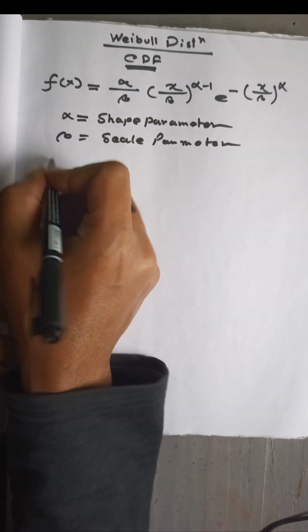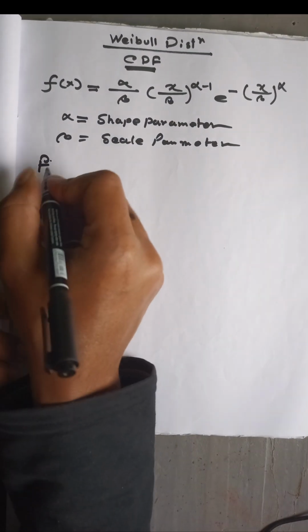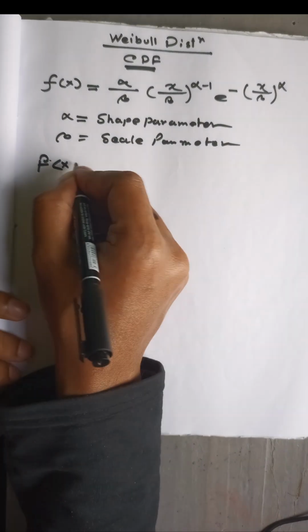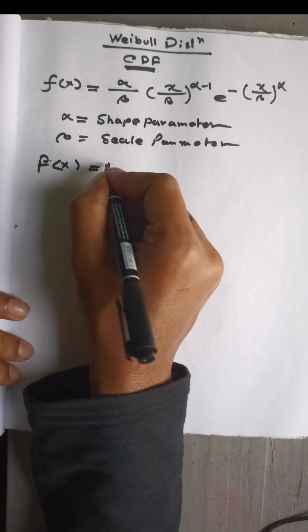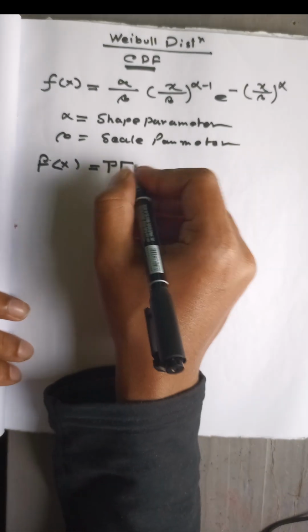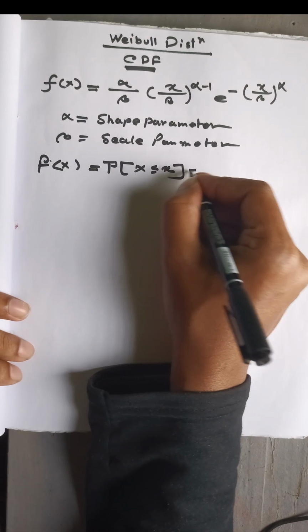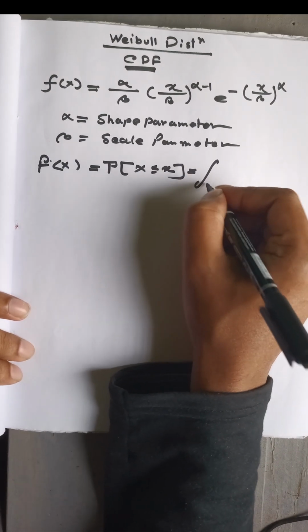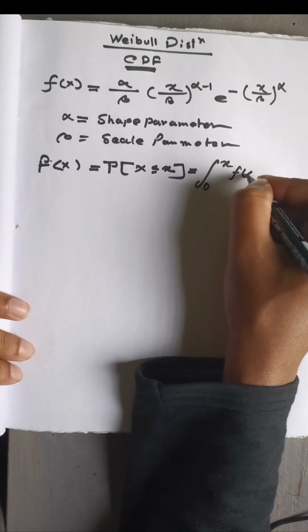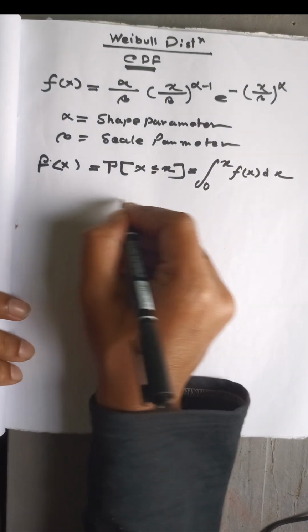So as you know, for finding the CDF, we denote F(x) equal to the probability of X less than small x, which is equal to the integration from 0 to x of f(x) dx.